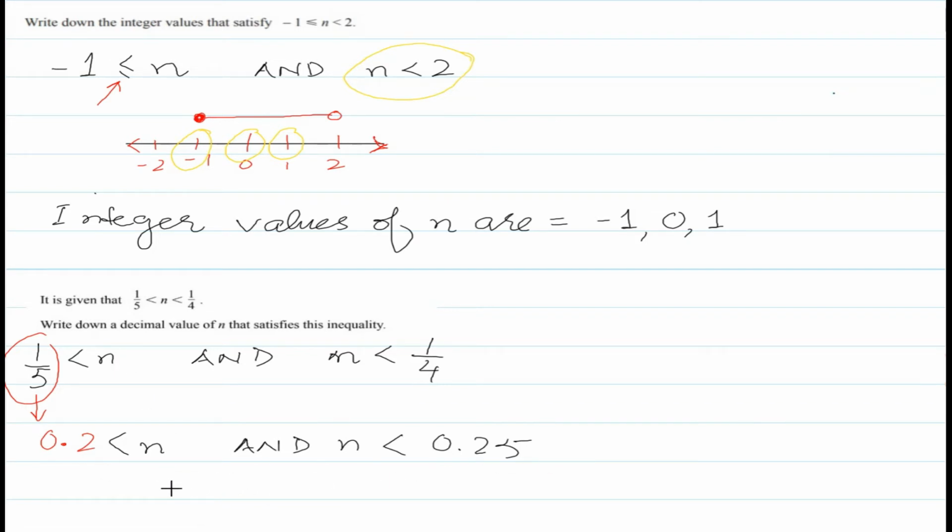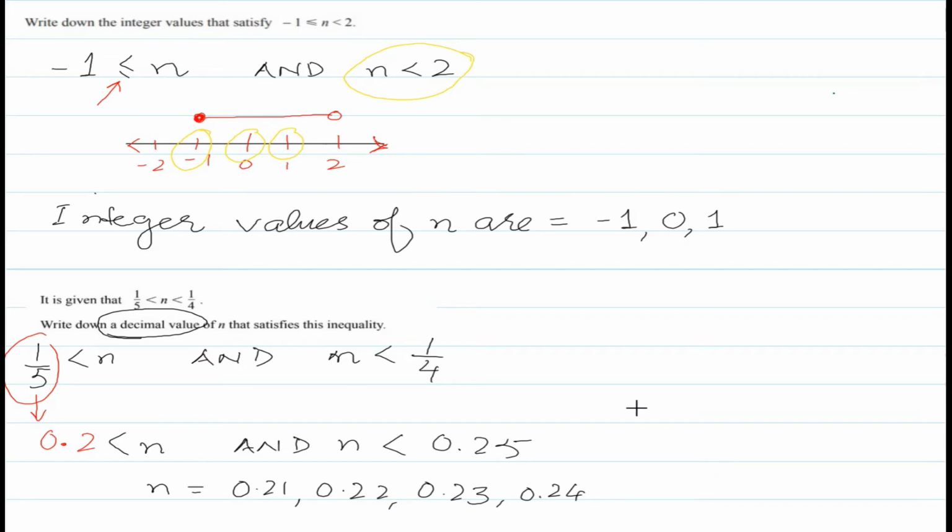It can be 0.21 or 0.22 or 0.23 or any other answer. You need to write only one answer because it is written to write down a decimal value. So if you write any one of them, your answer will be acceptable.